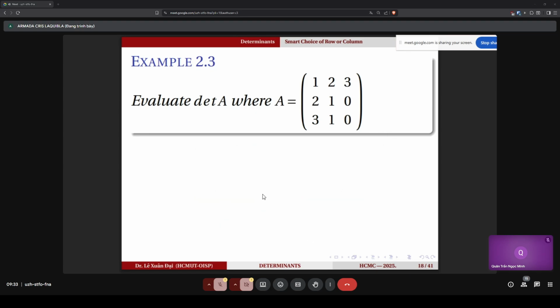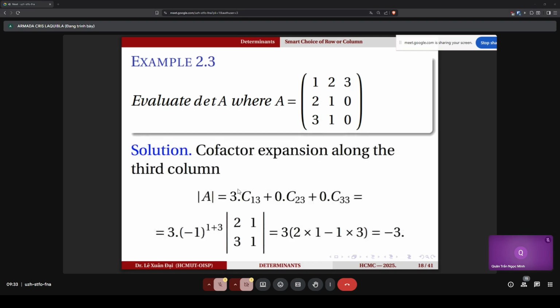And then next, how about this? Column 3 here has 2 zeros, so it's easy to do if you solve only this part here. So we have 3 times C13, and the other 2 are 0 already. So 3, and then negative 1 to the power of 1 plus 3, because this is C13 here. The exponent is 1 plus 3.